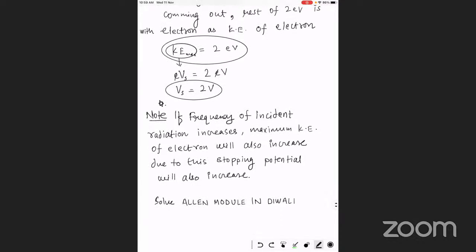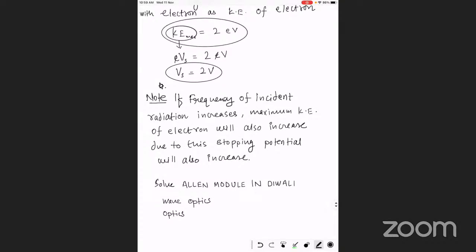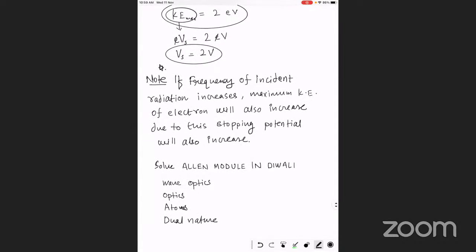Okay, like you can solve wave optics, है ना? You solve wave optics, and atoms you can solve, and dual nature. भेज देंगे ना, तो अभी भेज रहे 5 मिनट में, 2 मिनट में.